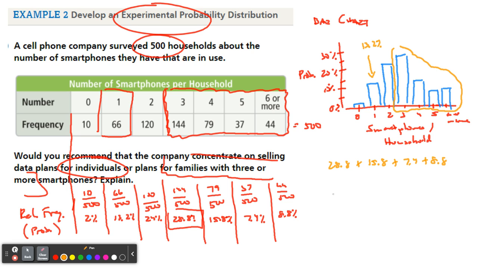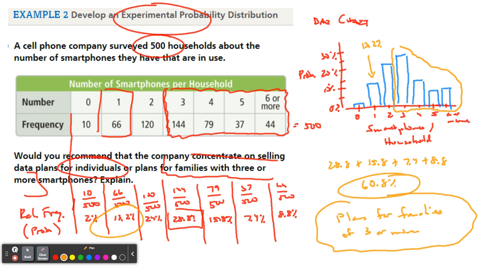And that total percentage is roughly 60.8%. And of course, that is way higher than 13.2. So yes, of course, I would recommend plans for families of 3 or more. Definitely.